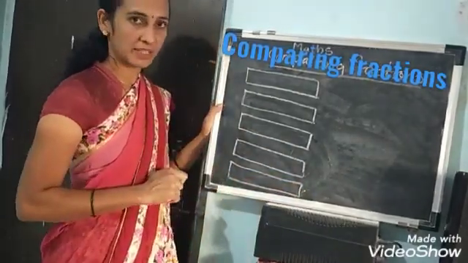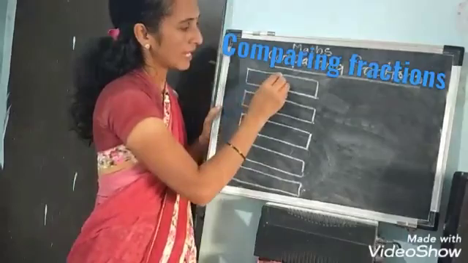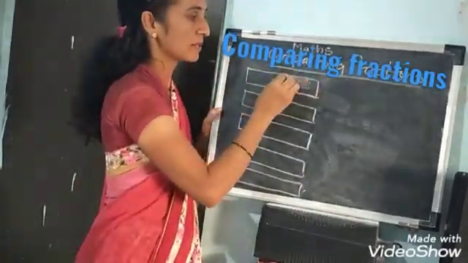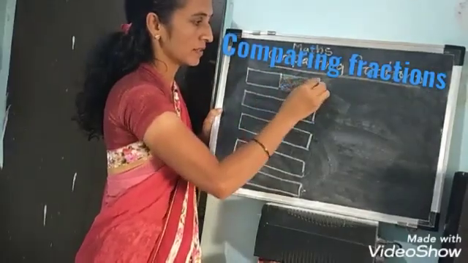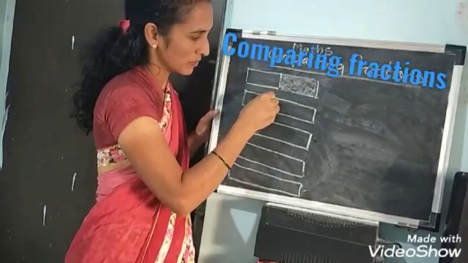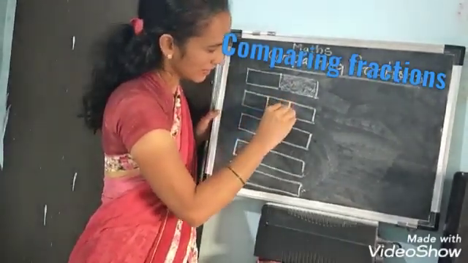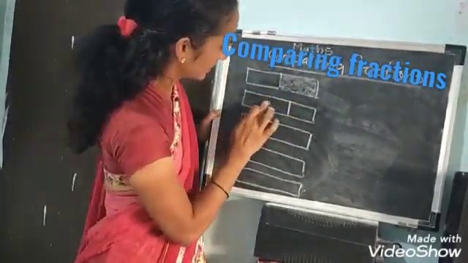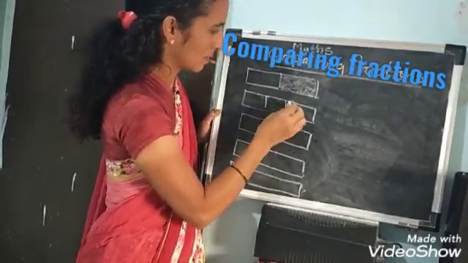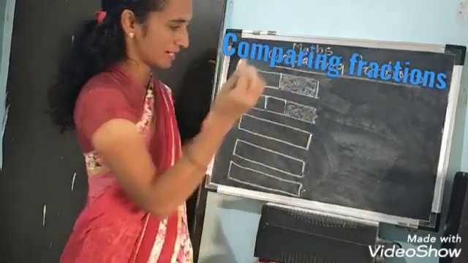These 5 figures are the same in size. First, I have divided the first figure into 2 equal parts and shaded one part. Now this figure I have divided into 3 equal parts and shaded one part.